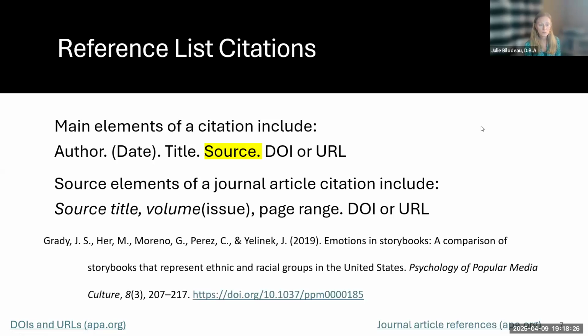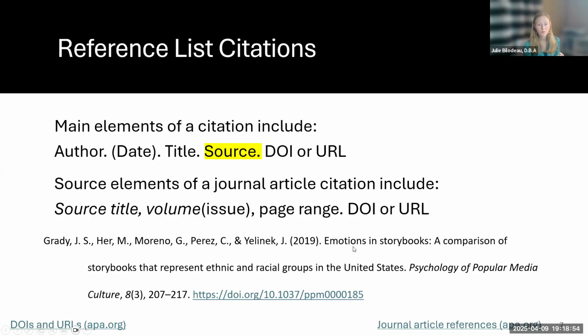So this is what it would look like. So we have Grady, and this is how you write out the names with the initials and the periods and the commas. You can see here, when you are writing the title of the work, it should be in sentence case, not title case. So sentence case means only the first letter of the major sections is capitalized, not the first letter of every word, unless it's a proper noun.